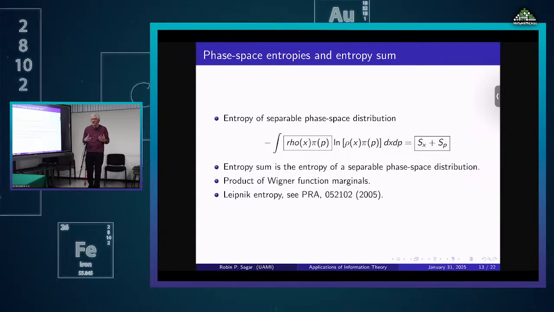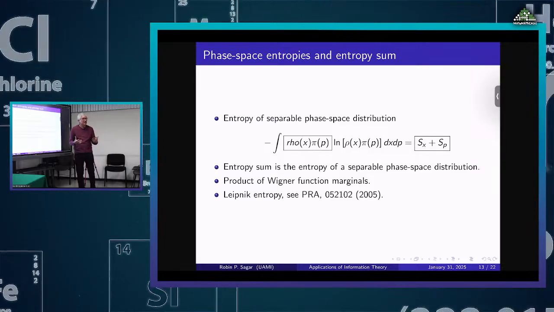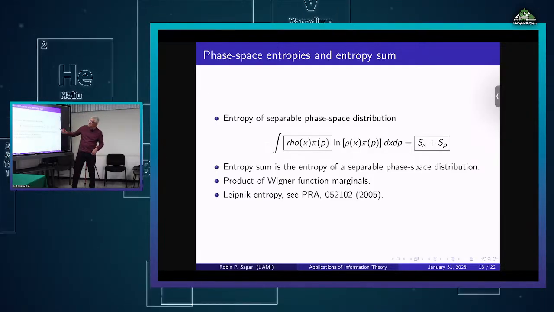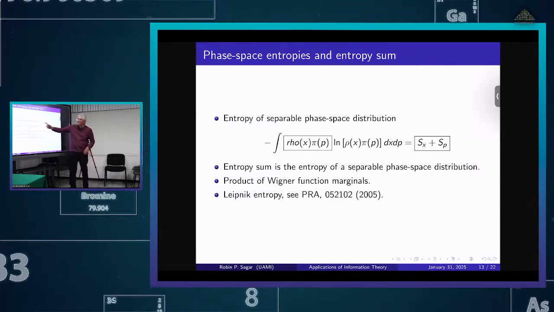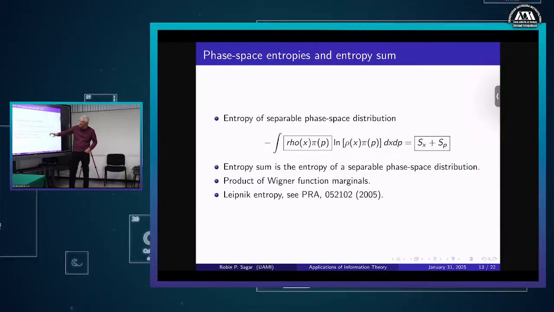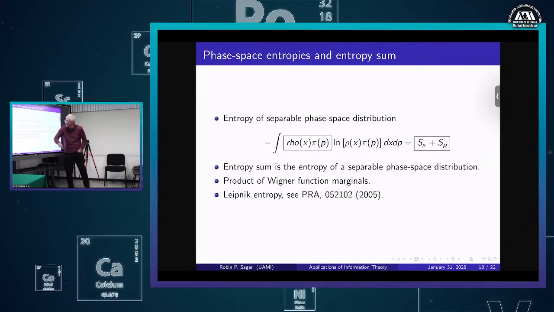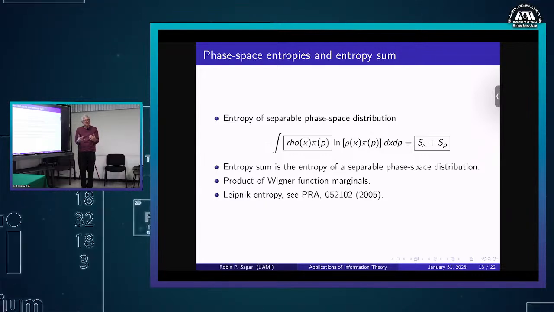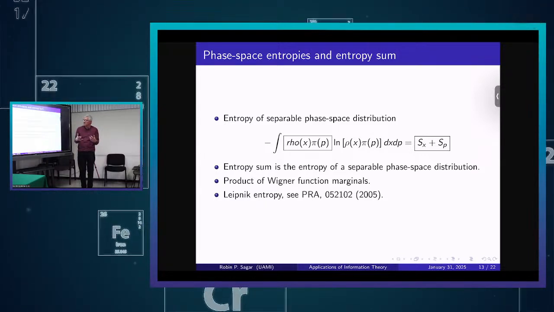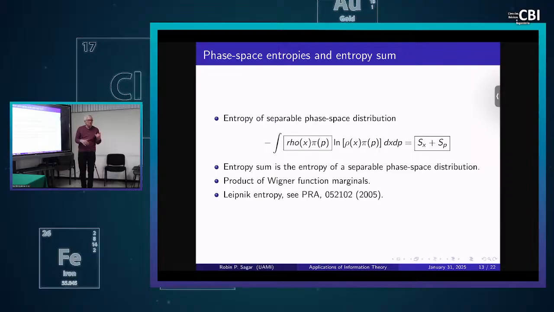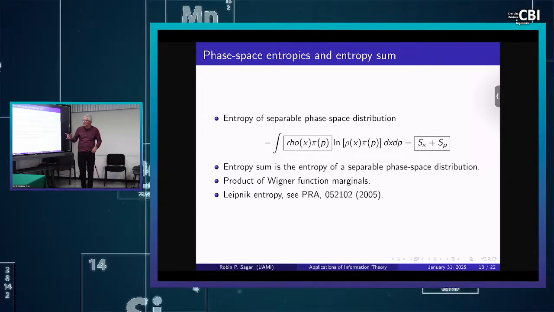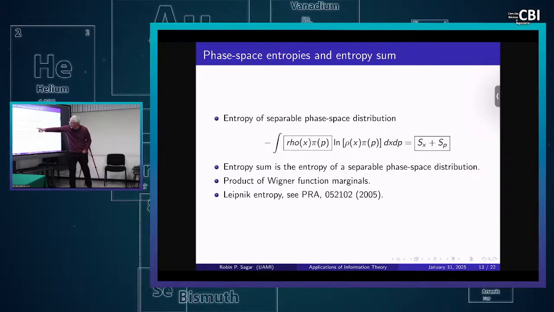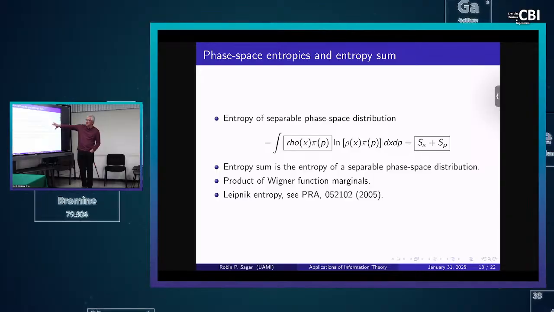Well, the entropy sum, you can think about it, is just the entropy of a separable phase space distribution. Because if you assume that you have a distribution that is of product form, separable between rho, the position space density, and the momentum space density, then this simplifies into the entropic sum.